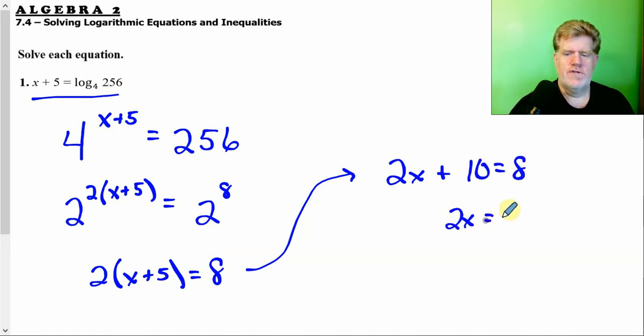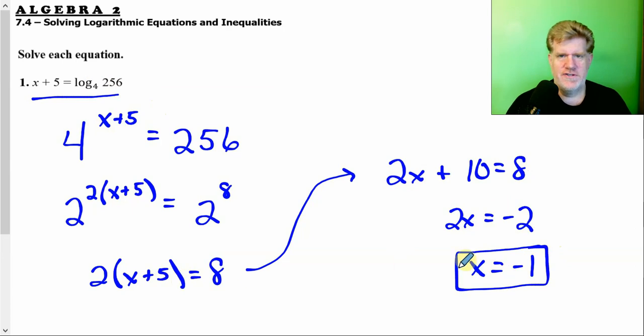Subtract 10 from both sides and divide by 2. Now, my answer's negative, but that's okay because I'm not taking the log of a negative number. If I put negative 1 in place of x, negative 1 plus 5 is 4. So this is saying that 4 to the 4th equals 256, which is correct.